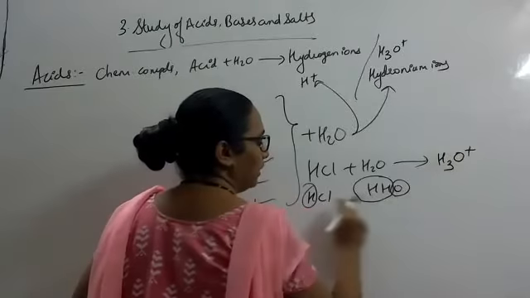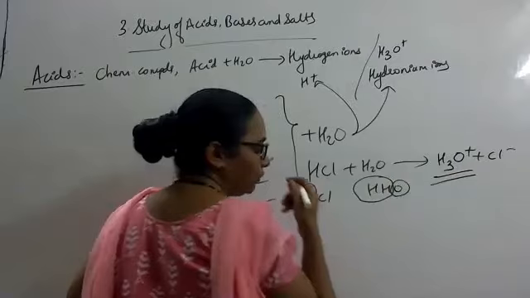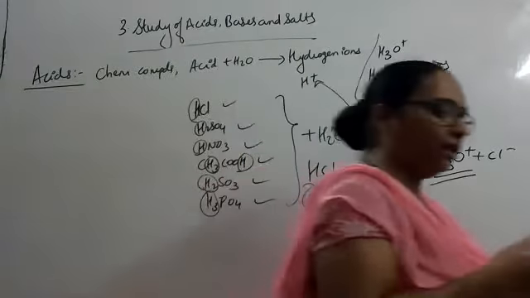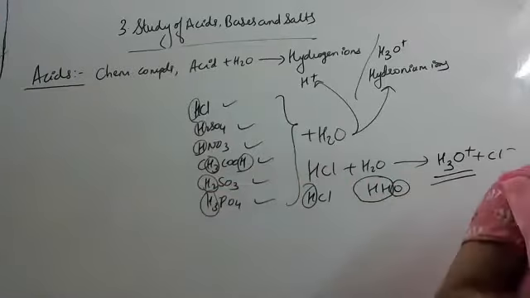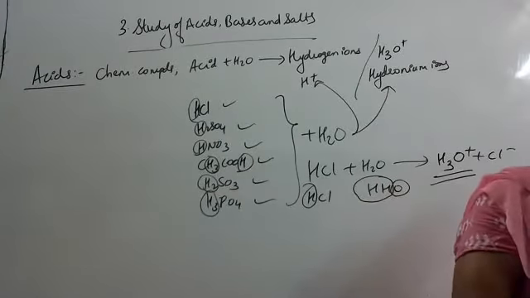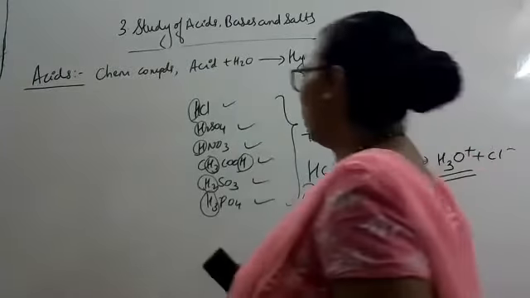H3O plus, and a chloride ion too. So it is forming a hydronium ion. Either it will form a hydrogen ion or a hydronium ion. We are going to do the reactions further. So, write down the definition of acid.